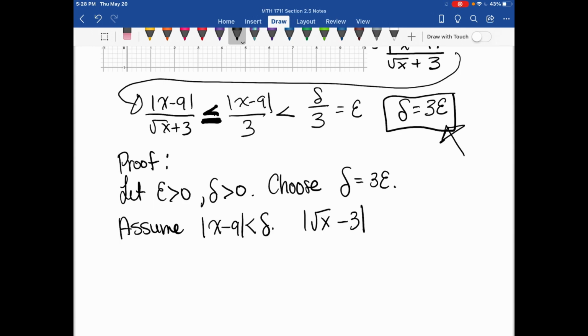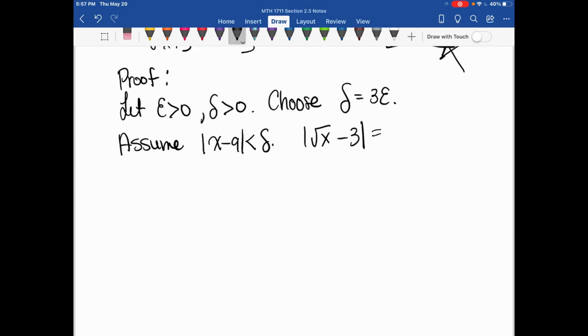And we want to show that the absolute value of the square root of x minus 3 is less than epsilon. And we know that when we multiply the square root of x minus 3 in absolute value by the conjugate, we get the absolute value of x minus 9 over the square root of x plus 3.